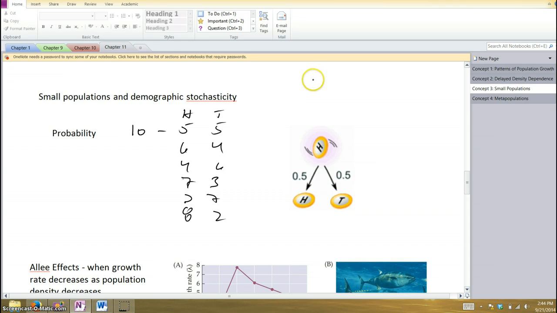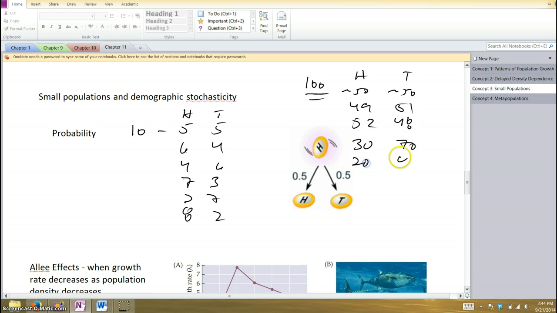Now, if we each flipped 100 times, we should get, again, approximately 50 and 50, and we might get 49 and 51, 52 and 48. But you can probably imagine that the chances of getting 30 and 70 or 20 and 80 is very remote when you do more flips.